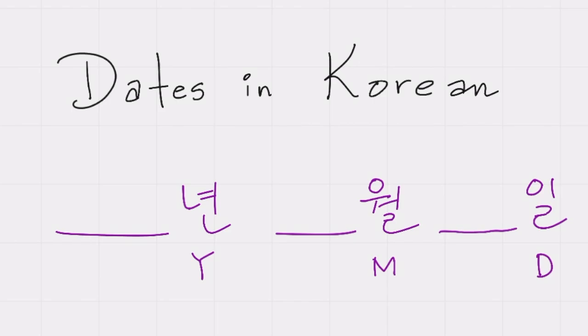So let's do today's date. So in Korean, it will be 2021, April will be 4, and then the 10th. So 2021. So you gotta go by the 1,000 first, right?